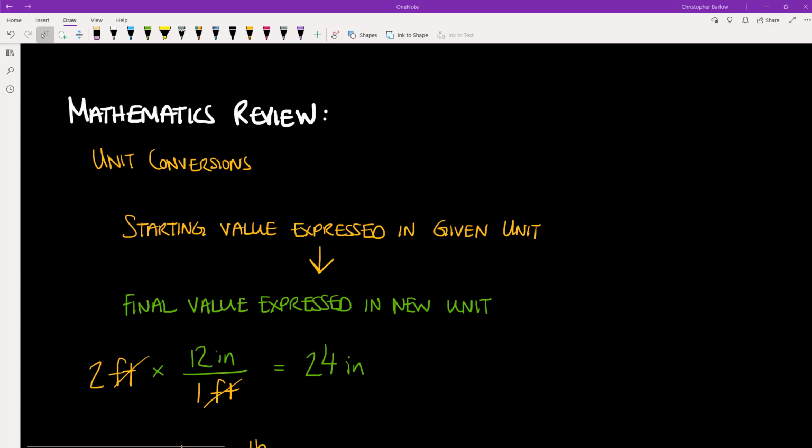So for example, if you are given a starting value of 2 feet and you want to express that value in inches, you take the 2 feet and multiply it by the ratio of inches to feet, which is 12, to produce 24 inches. Simple.